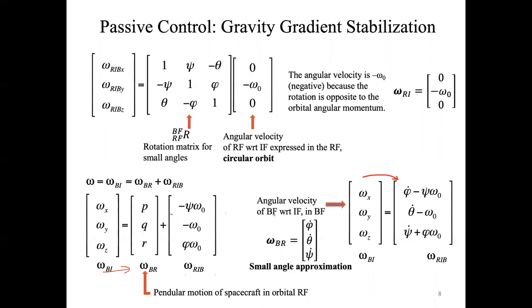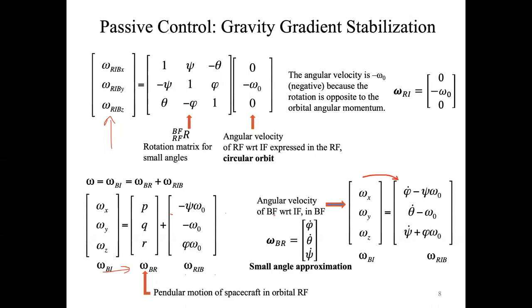So this is the angular velocity of the orbital reference frame with respect to the inertial reference frame, also expressed in the body frame. So we are reporting the angular velocity of two reference frames in a third frame.